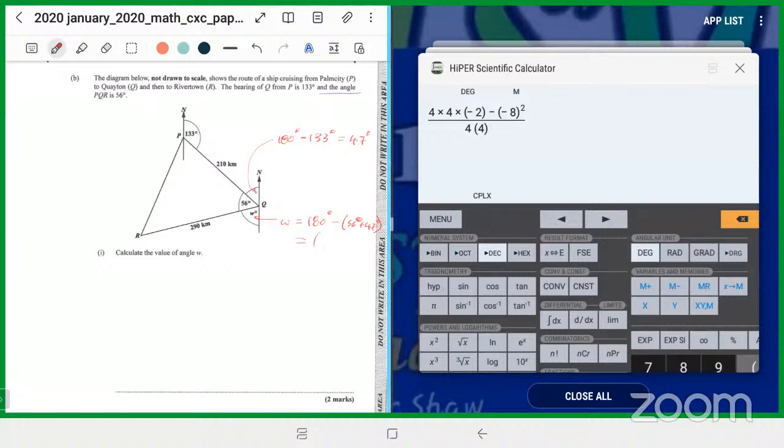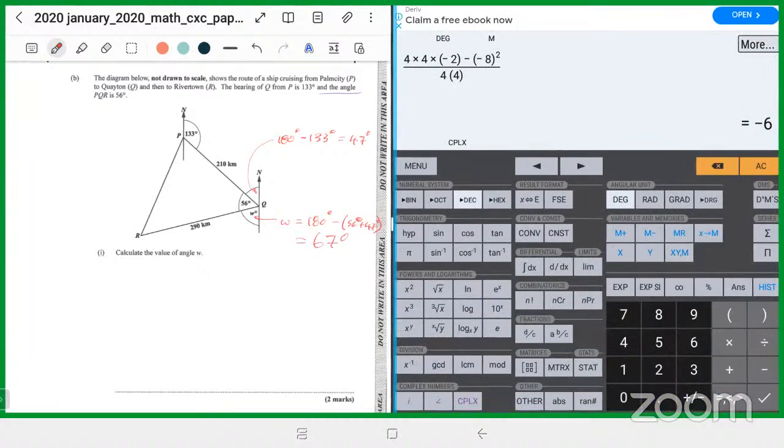Yeah, I'm pretty sure it's 67. No, sir, 77. Now, let me do my quick check. 180 minus 56 and also minus 47. 77. All right, 77.